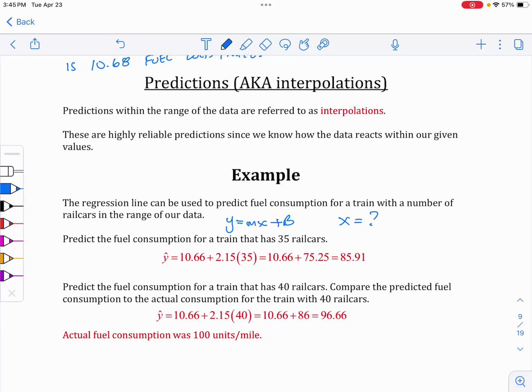Now be aware, that only works when I input the X value and spit out the Y. If I want the X value given a Y value, I do need to do a little bit of algebra to solve this, but it's not hard. All right. And so it's very, very nice for prediction as well. And I can predict just tons and tons of values, all right, using regression and using StatCrunch.